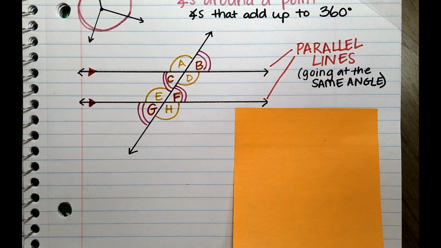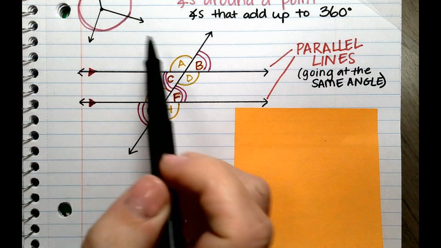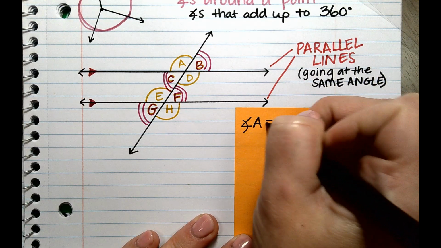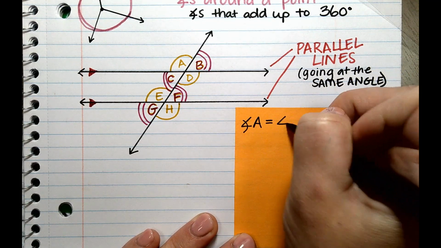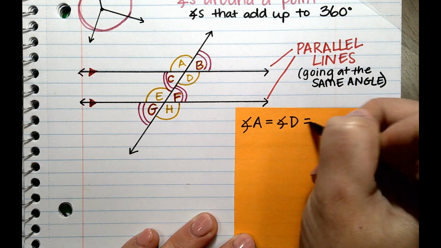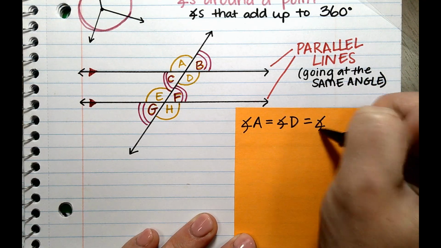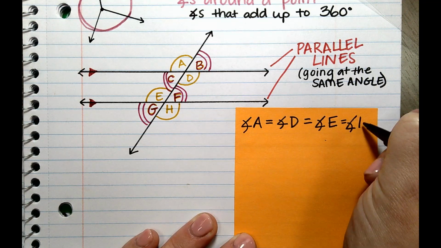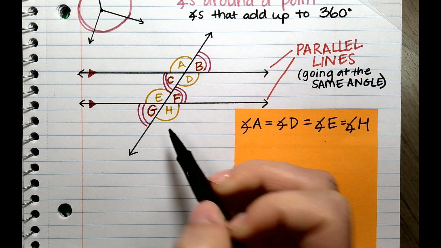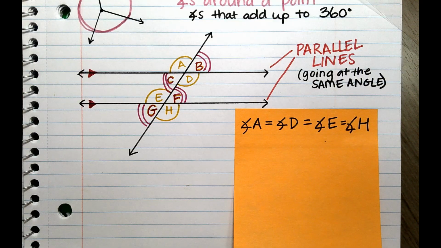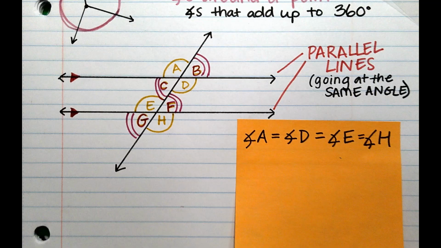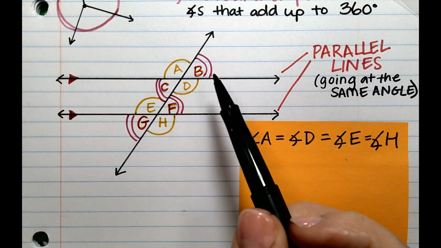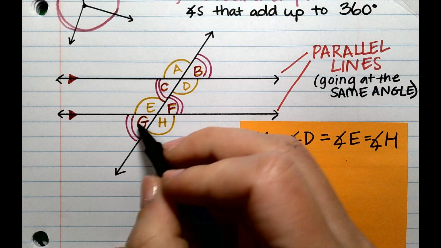I'm going to write that I know angle A is equal to angle D is equal to angle E is equal to angle H. I just wrote down all my yellow angles. They're all equal to each other. I could also write B is equal to C is equal to F is equal to G.